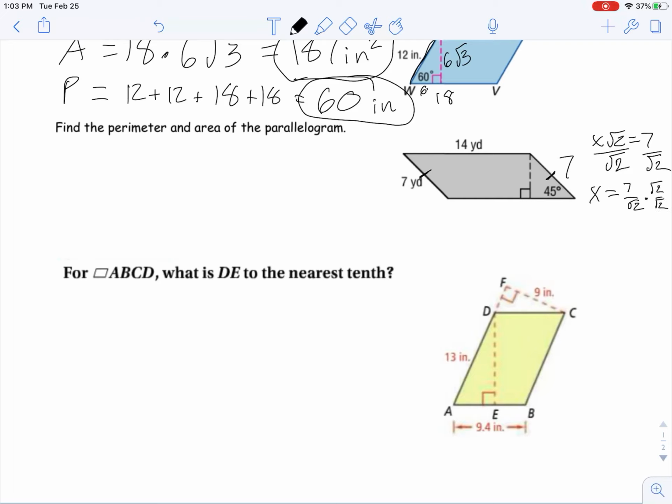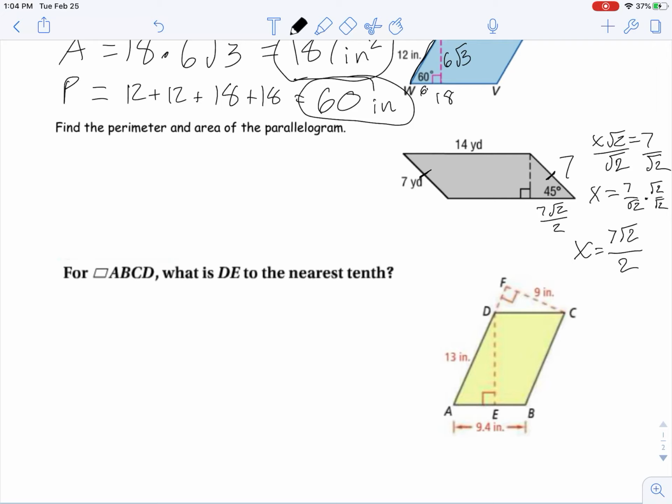So I'm going to multiply it by root 2 over root 2. 7 times root 2 on the top is just 7 root 2, and on the bottom we have a 2. So that would be an answer for that test that we took. We can't simplify the 7 over 2 at all, but that is what we're going to have here: 7 root 2 over 2.